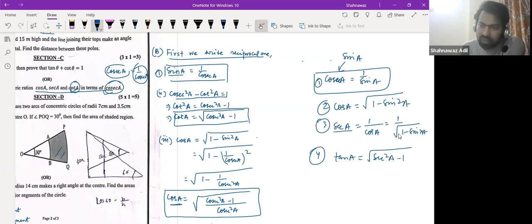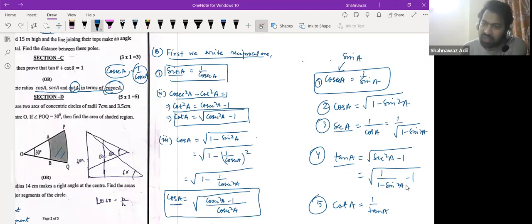You can put this value and then you get root of 1 by 1 minus sine square A minus 1. You simplify this, you will get tan, and then you can write cot, which is 1 by tan. Everything in terms of sine, right? That is how you do this kind of problems.